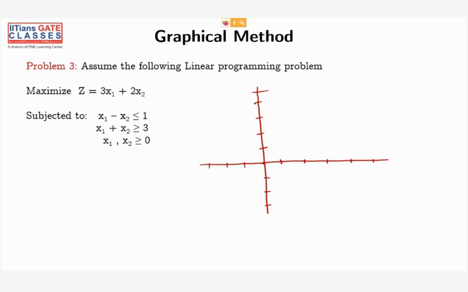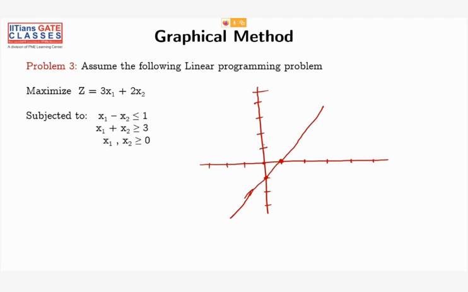If x2 is 0, x1 is 1. If x1 is 0, x2 is minus 1. This is 0. So let me draw a line. This is your line.